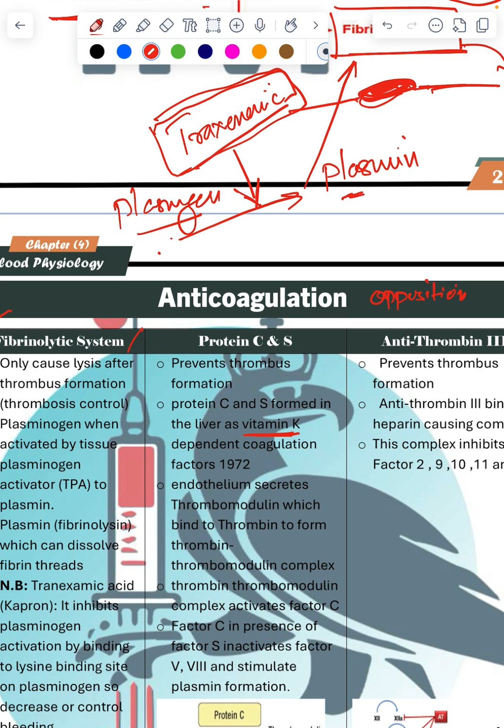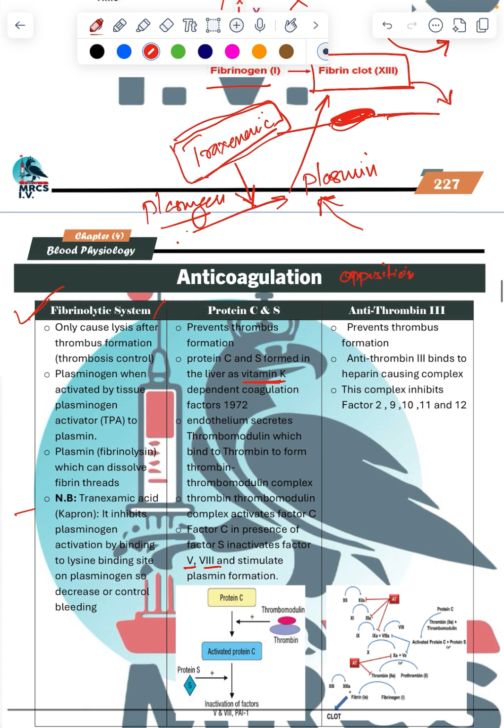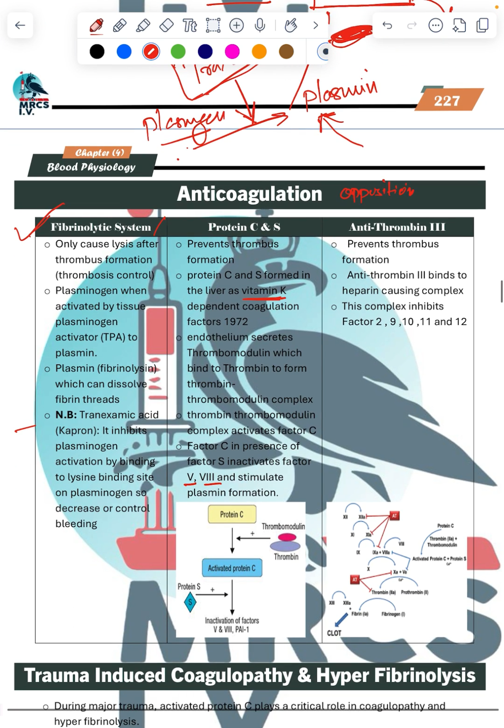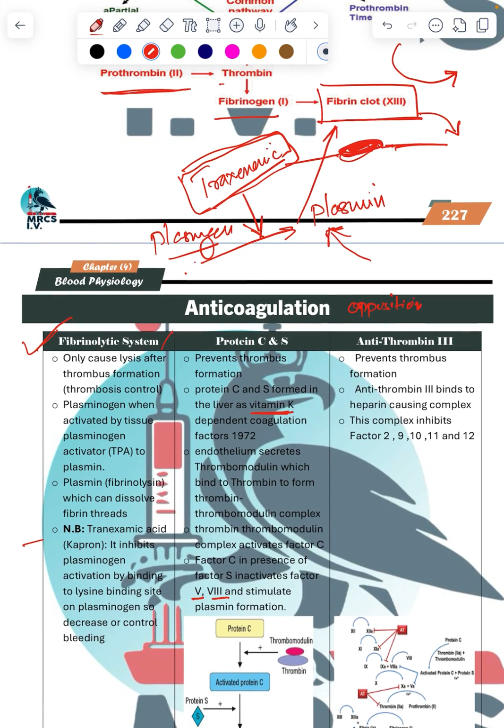Presence of S inactivates 5, 8 and stimulates plasmin formation. So again C and S are causing formation of plasmin and destroying this. So protein C, you can see activated C, protein S, inactivation of factors. So it is again acting on the plasmin.